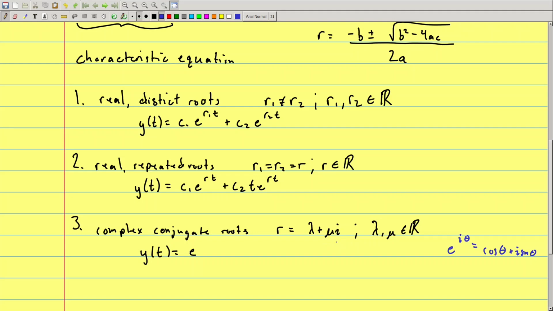The basic idea is that we have e to the lambda plus mu i times t.